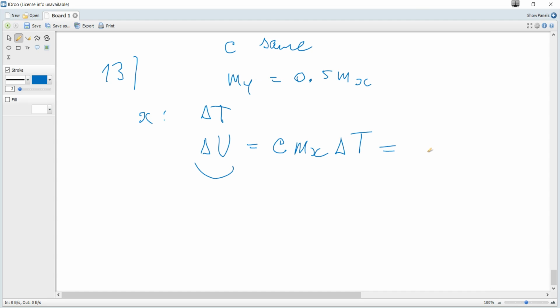It is transferred from the hotter object to the object with lower temperature, and it is described by c m delta T, equal to c m_Y delta T_Y. And since m_Y is 0.5 m_X, we can see that delta T_Y is 2 delta T_X.